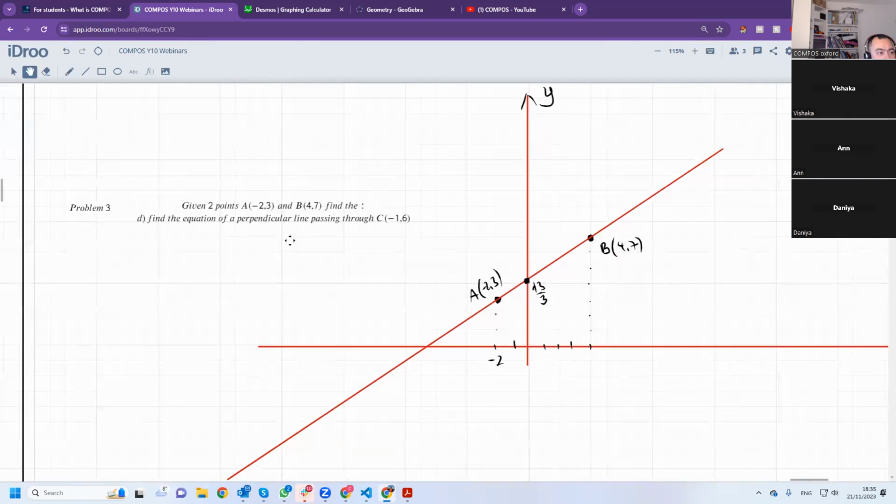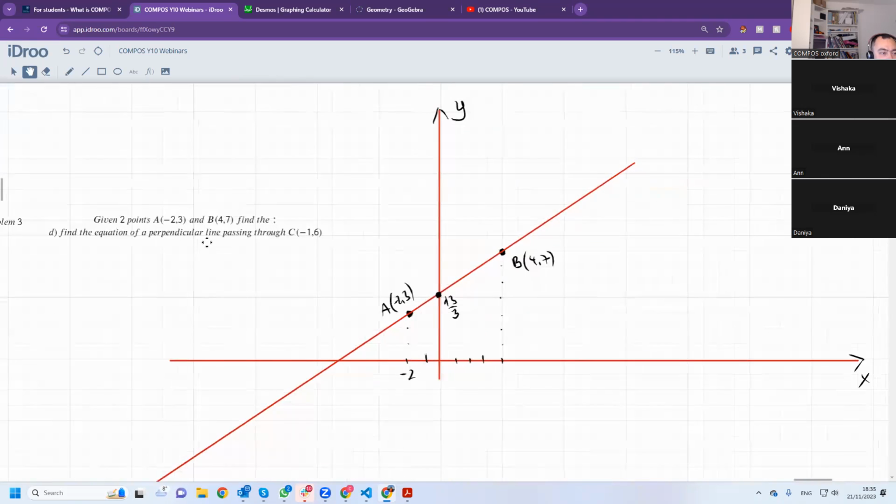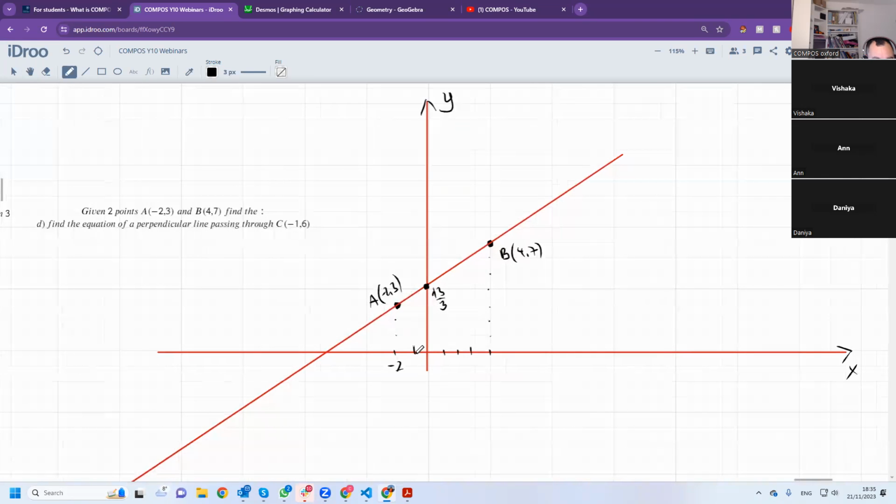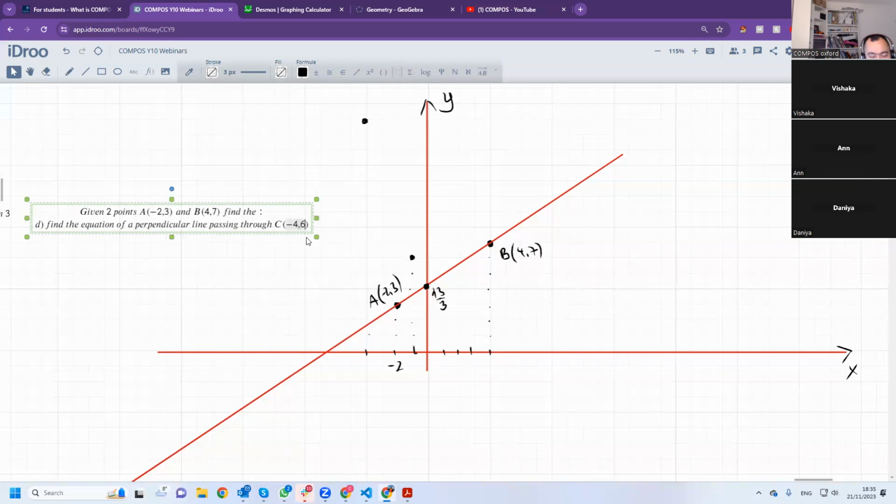Okay, so now find the equation of a perpendicular line passing through -1, 6. Okay, let's choose another point instead: -1, -4, 15.